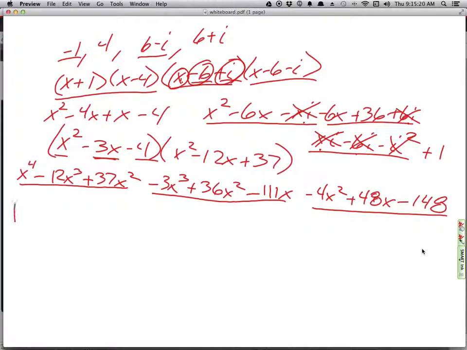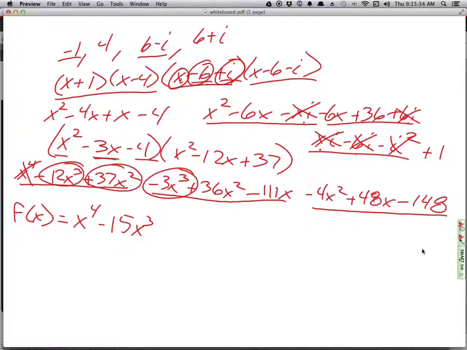And then just put my like terms together. I have an x to the 4th. I've got a cube and a cube, which is negative 15x cubed. I've got a square and a square, so negative 4 and 36 is 32, and 32 and 37 is 69.